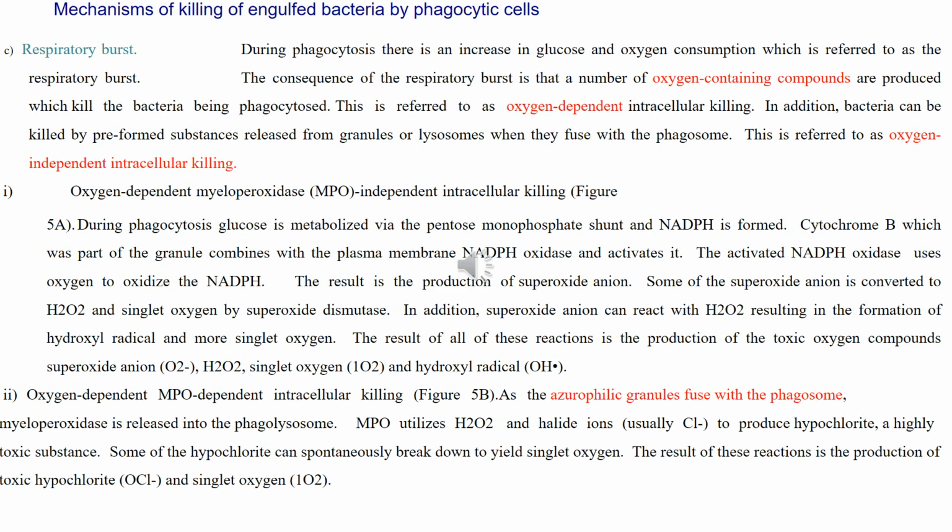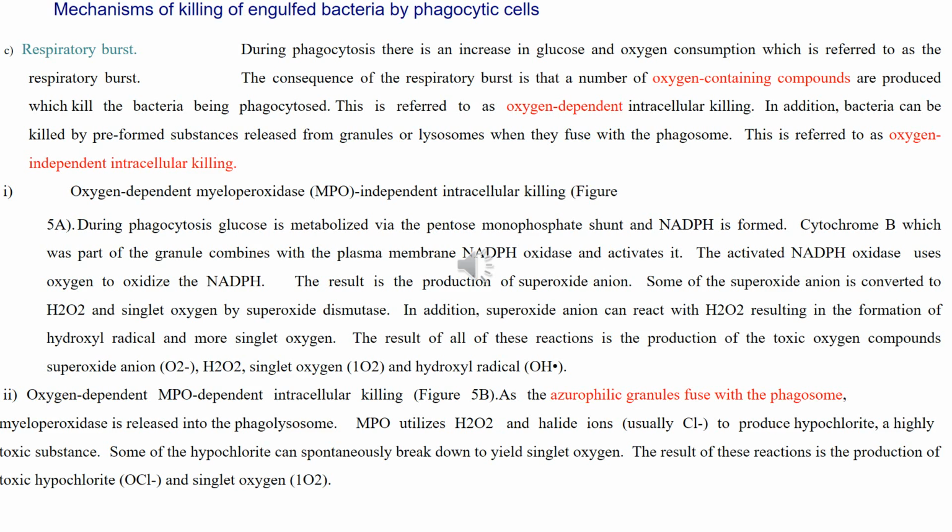Respiratory burst. During phagocytosis, there is an increase in glucose and oxygen consumption, which is referred to as the respiratory burst. The consequence of the respiratory burst is that a number of oxygen-containing compounds are produced, which kill the bacteria being phagocytized.